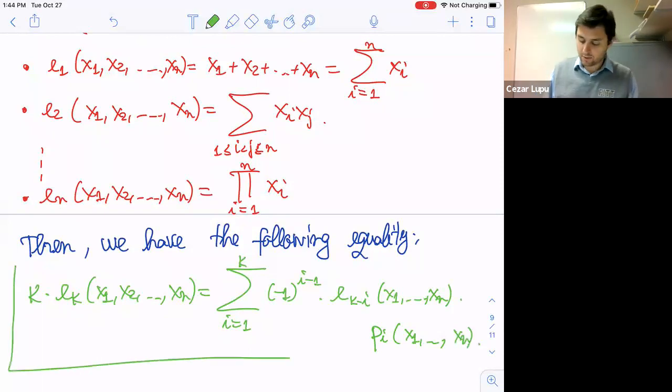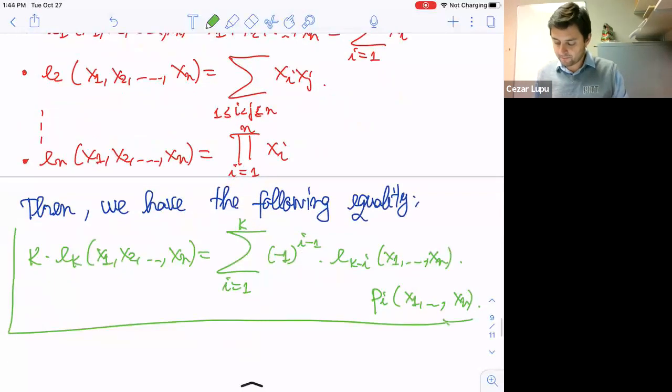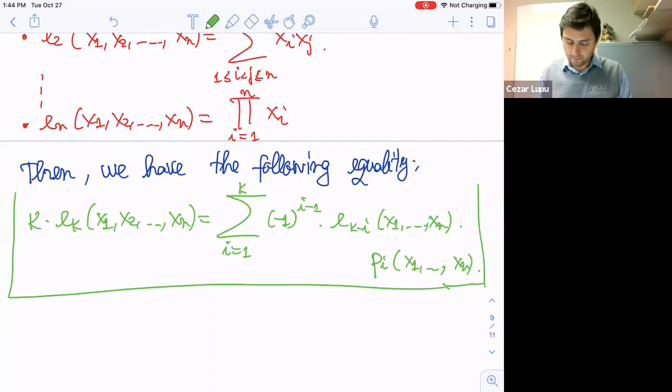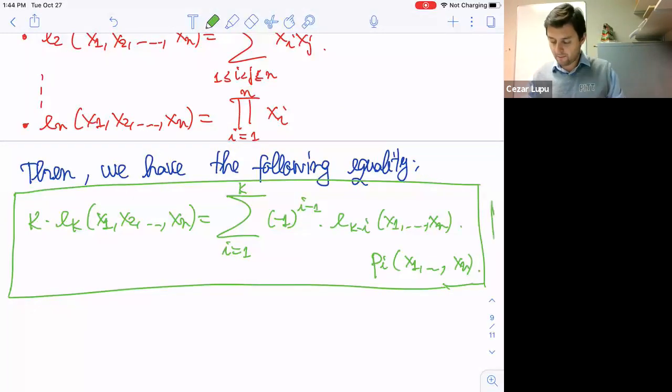So these are Newton's identities. Keep this in mind. Right? These are Newton's identities.